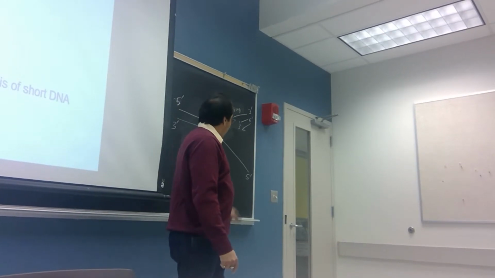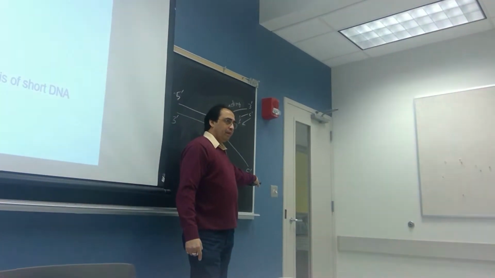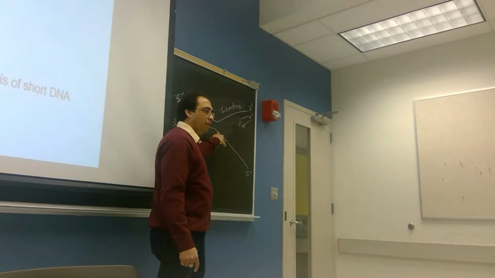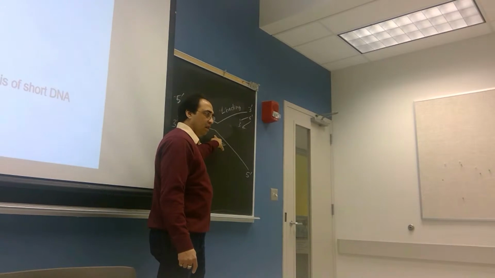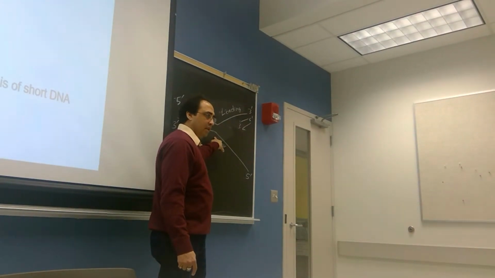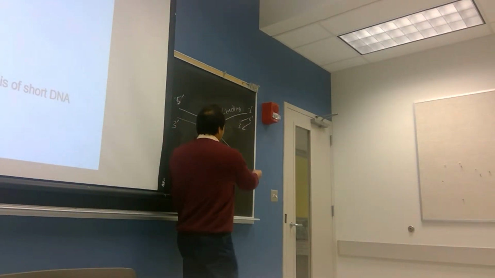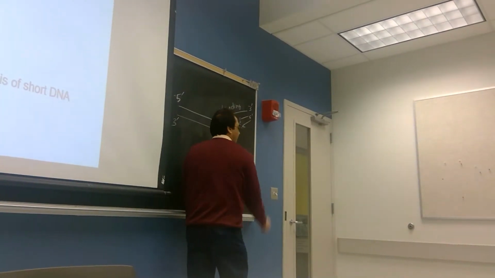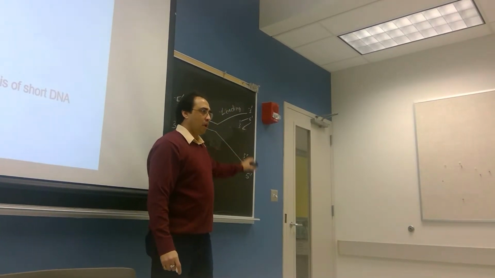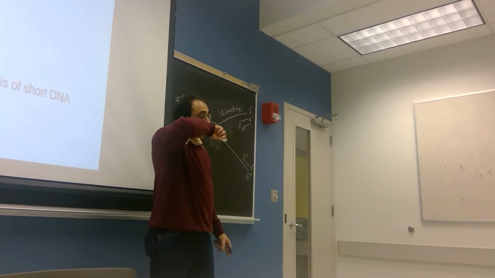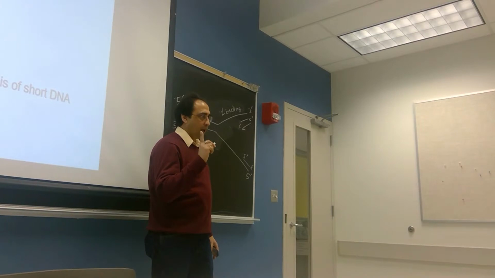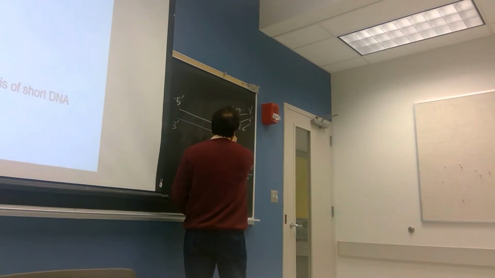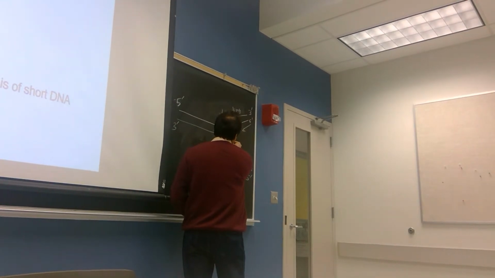But here, this is the 5'. And this part is the 3' region. So the OH group is open here. How can DNA synthesis take place? It cannot go 3' to 5', because new DNA synthesis would have to be in this region, but that is not possible because only the 3' end is open. In such a case, what is happening here? It starts from this part and goes this way.